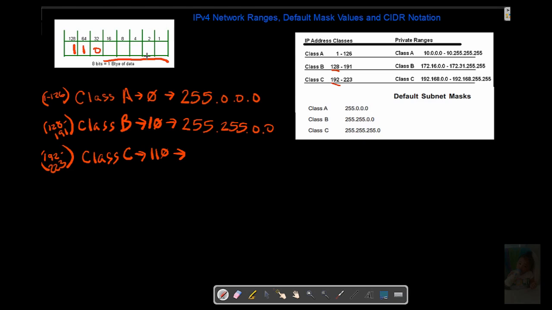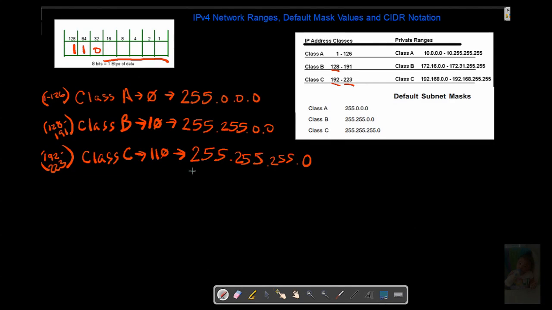I can be no higher than 223. So regardless of what happens here down, I know I'm at a class C, and I know I have a default mask value of 255.255.255.0.